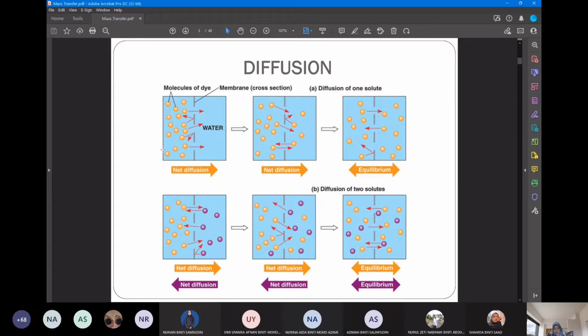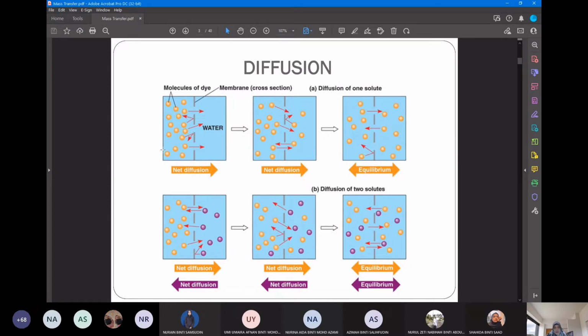So remember to mention that. It's about transferring or movement from one place to another place. So what is moving? You're talking about the dye particles, or the yellow component.